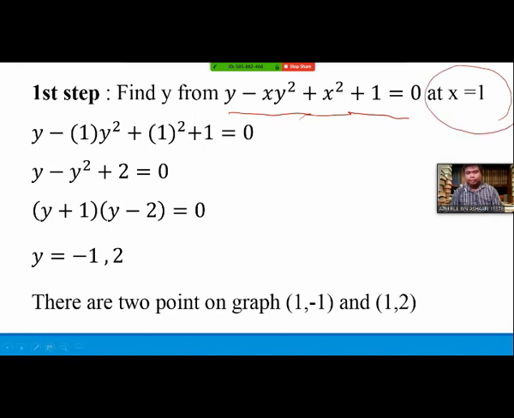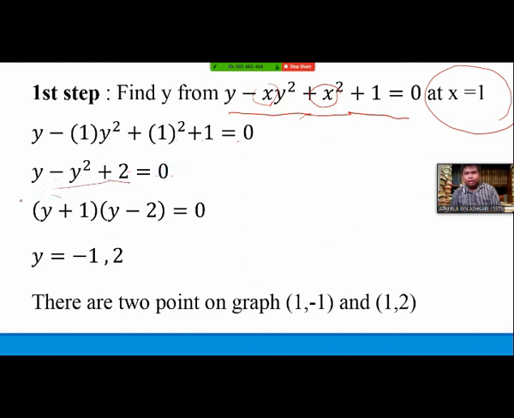You need to substitute the value of x equal to 1 into this one and this one. So y minus 1 times y squared plus 1 power of 2 plus 1 equal to 0, and then you get y minus y power of 2 plus 2 equal to 0.